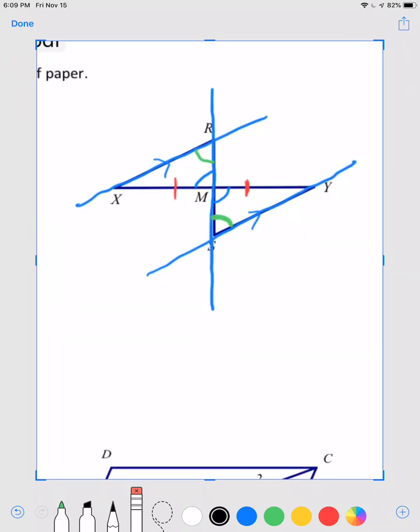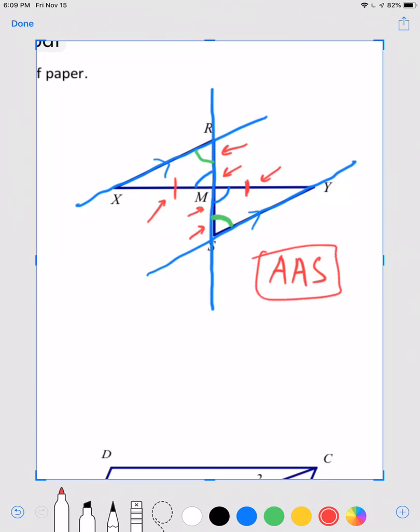We have this angle, and this side of the triangle on the left, being congruent to this angle and this side of the triangle on the right. This is angle, side. So we have two angles and an unshared side being congruent to each other in two different triangles. So these two triangles are congruent by angle, side.